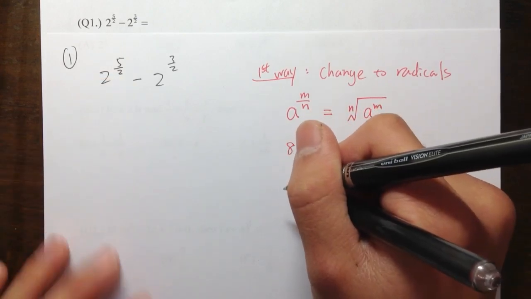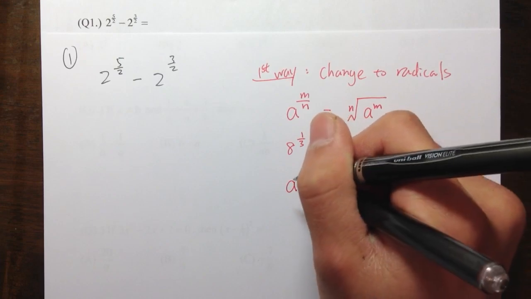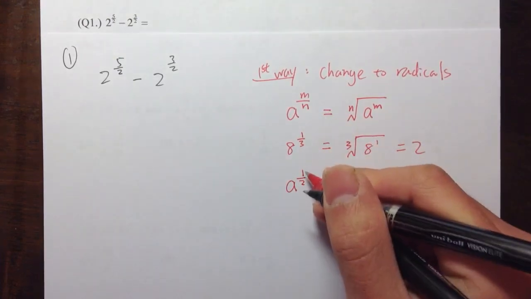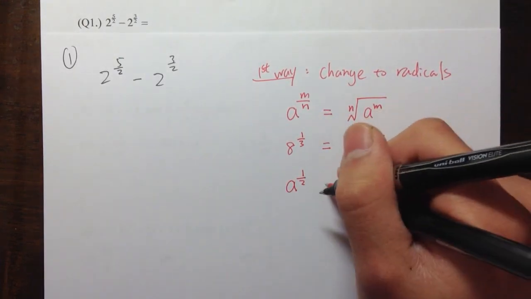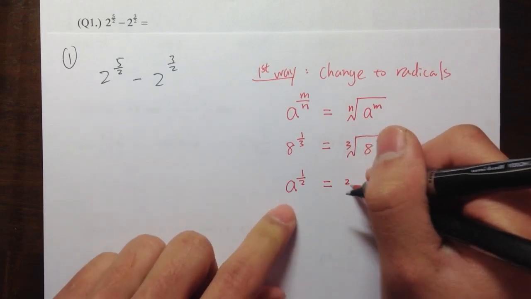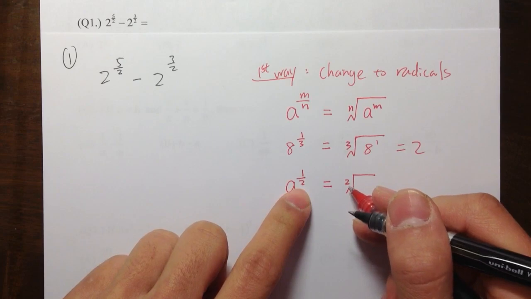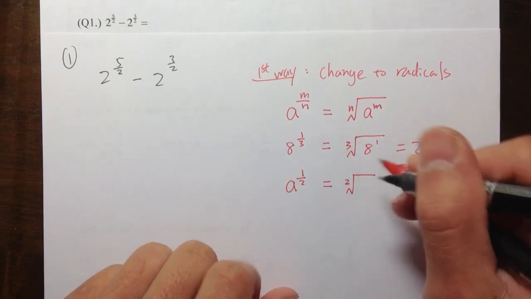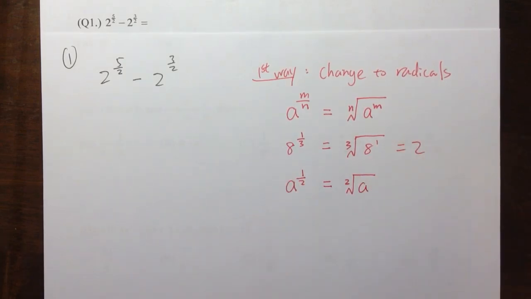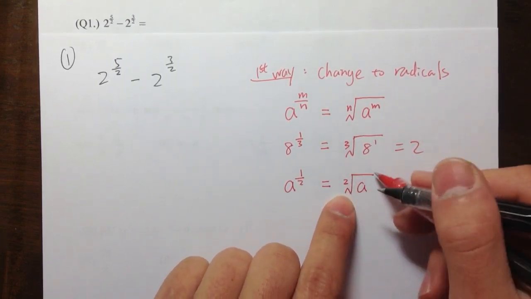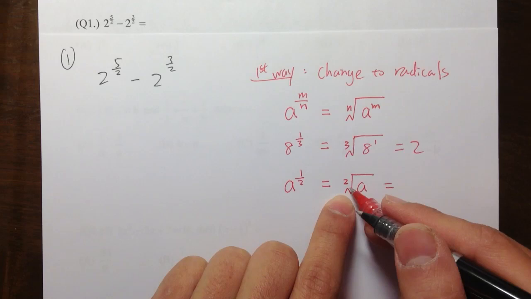Let's say you have a to the something over 2. This means we have the square root. Let me put a 2 to match with the denominator right here, and then still have the radical a to the first. But the special case is that whenever you have a square root, you don't need to put a 2 there.